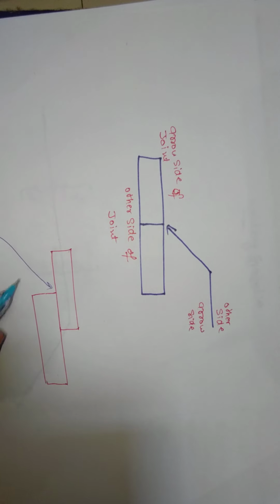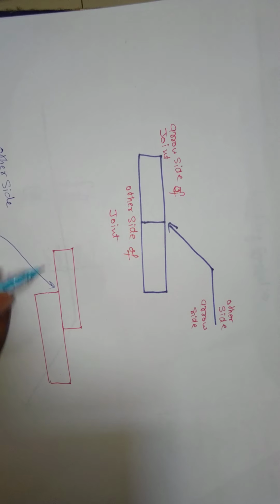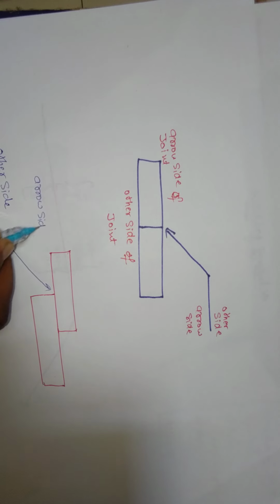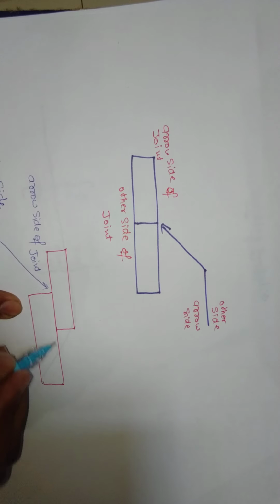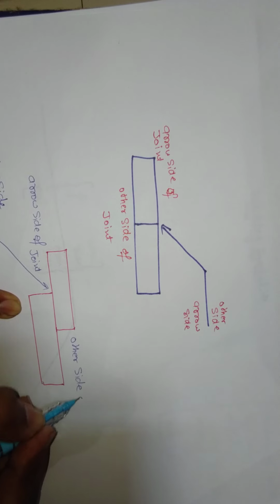This is reference line and this is arrow. The lower side is known as arrow side, the upper side is known as other side. According to the definition, this side is known as arrow side of joint, and opposite to this is known as other side of joint.